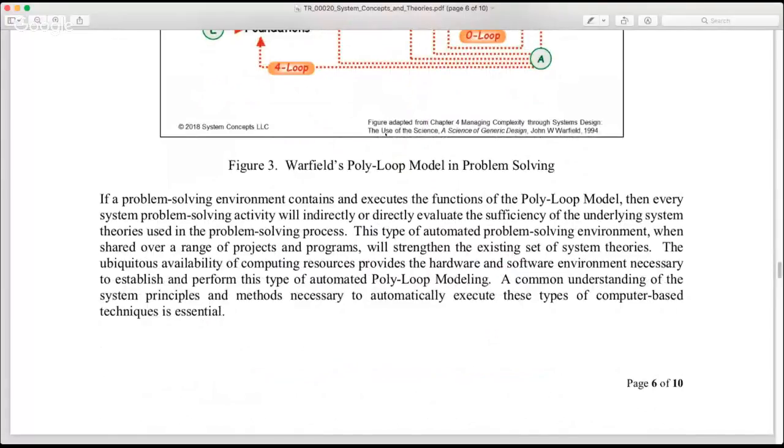So, yeah, the ubiquitous availability of computing resources essentially provides the hardware and software environment necessary to establish and perform this type of automated polyloop modeling. So I believe now we do have the computational capability to do this. It'll be interesting to actually create an architecture that would support it.